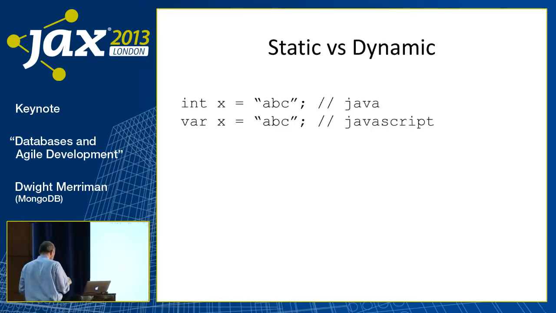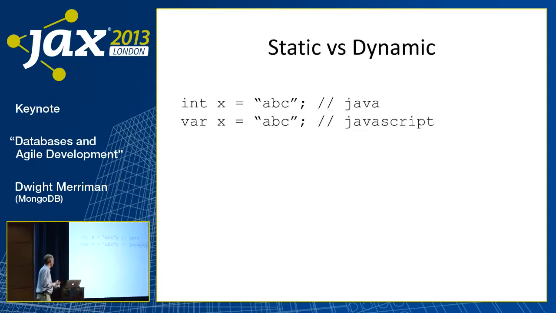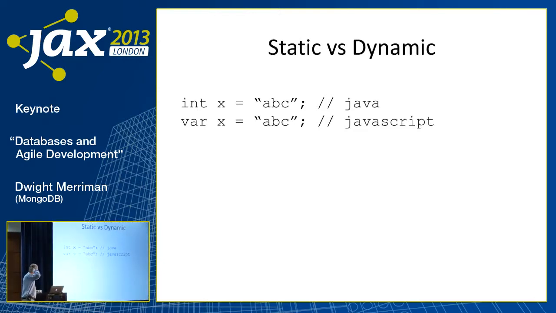These products have dynamic schemas, so I wanted to make an analogy to programming languages. In programming languages, we're used to having either statically typed or dynamically typed languages, and they each have their pros and cons. Java is statically typed, obviously, and JavaScript is an example of a dynamically typed language, as well as many others like Ruby or Lisp.